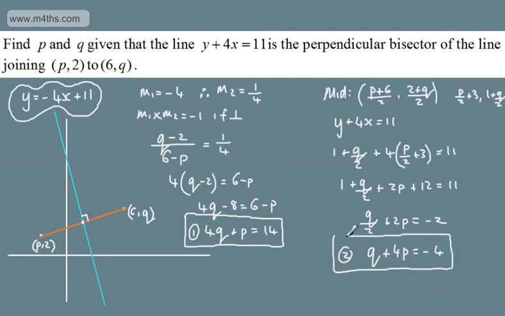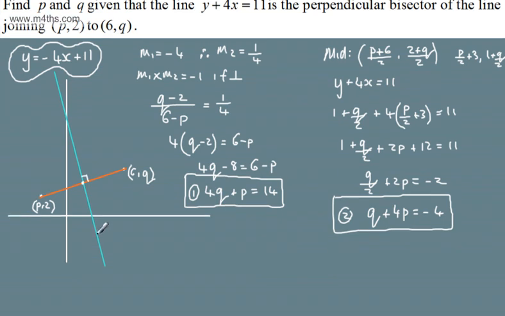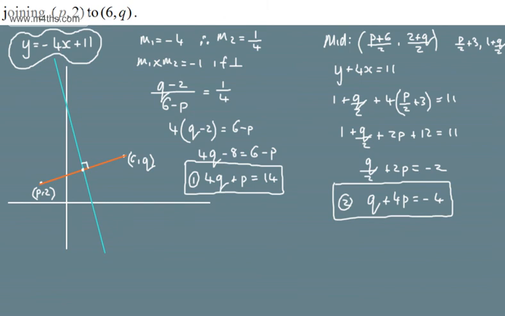So at this stage, all we need to do is solve these two simultaneous equations. Entirely up to you on how you want to solve these. All I'm going to do now is multiply this equation, equation 2, by 4. So I'm going to have 4q plus p is equal to 14. That's equation 1.